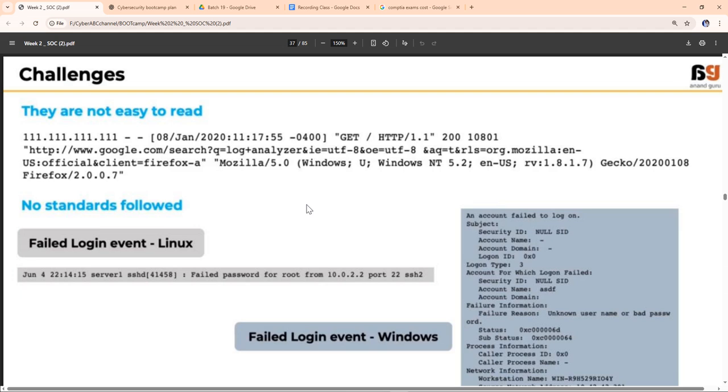It was a Google search on Mozilla, which is from an official client. The official site was in the US, and the client used Firefox on Mozilla through a Windows NT Server 5.2.